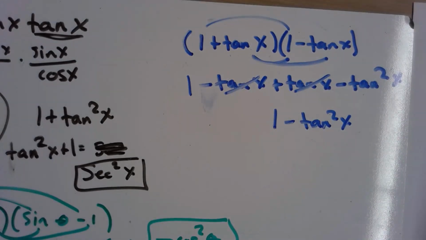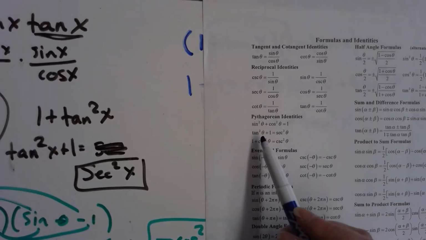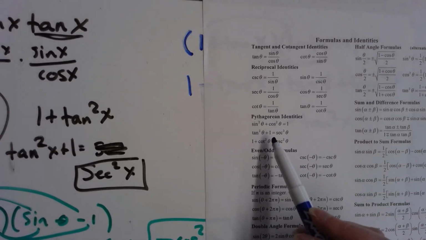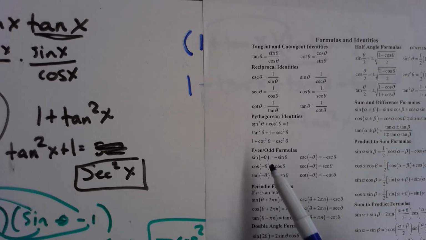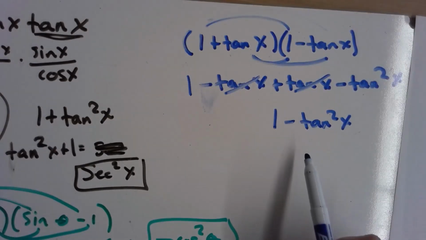Well, that makes me want to look at my identities. And looking at my identities, so if you have it, I have a tangent squared x plus 1. I cannot think of any way to get that, so it's 1 minus tangent squared x. I could change it to sine and cosine, but that's not going to simplify out.